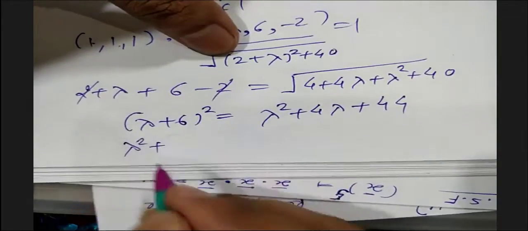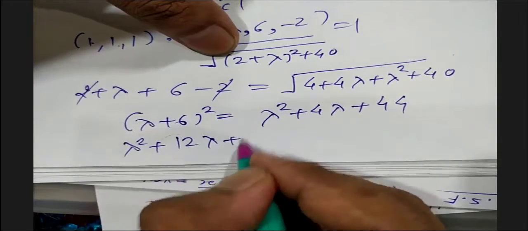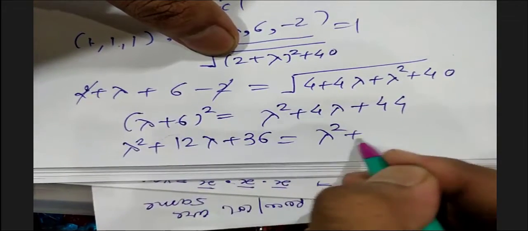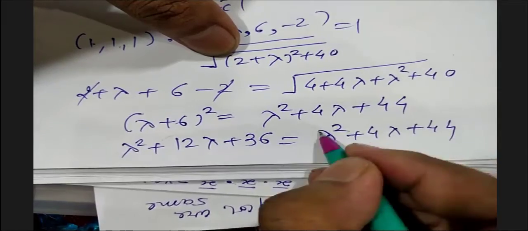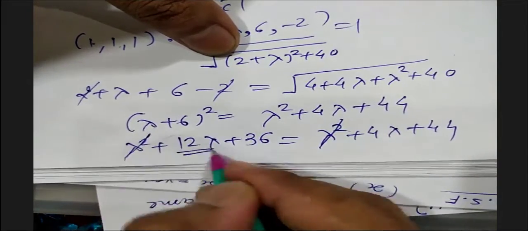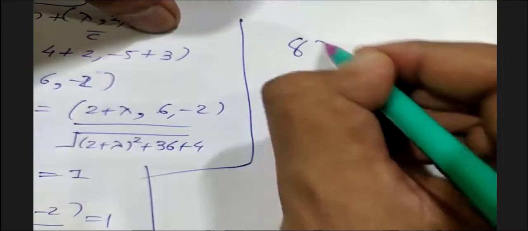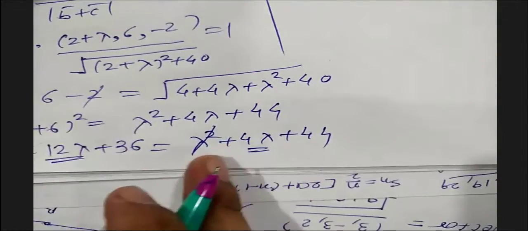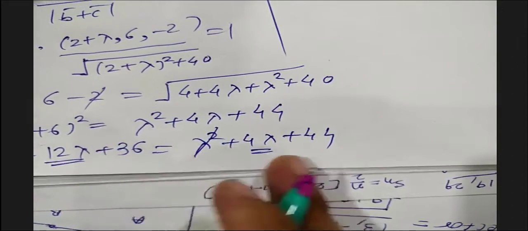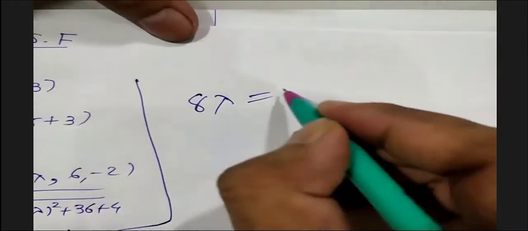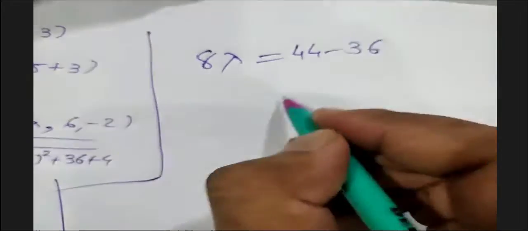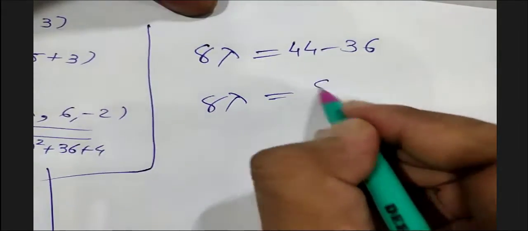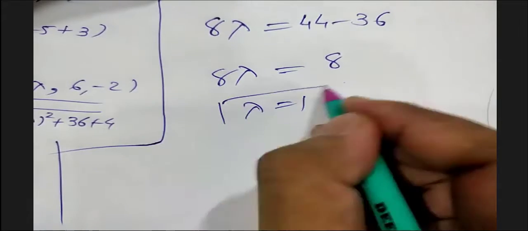Let's expand it: λ² + 12λ + 36 is equal to λ² + 4λ + 44. λ² cancels. 12 minus 4 is 8λ, and 36 goes to the right-hand side, so 44 minus 36 is 8. So λ is equal to 1. Sum solved.